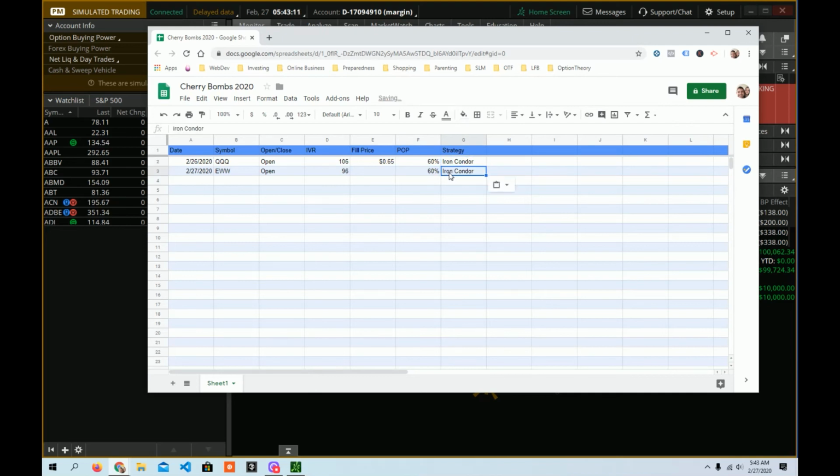Excellent. Another thing you get in the Cherry Bomb is it tells you that there is a 69% probability of making 50% of your profit. That's one of the things you get if you have a Tastyworks account: what they call the P50. One of the things with Tastytrade is that their approach involves taking your winners.